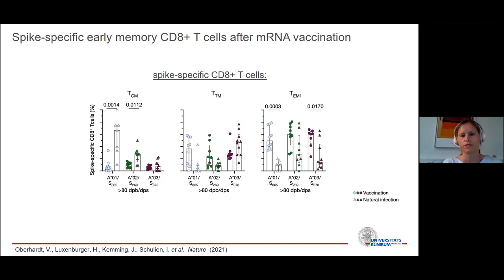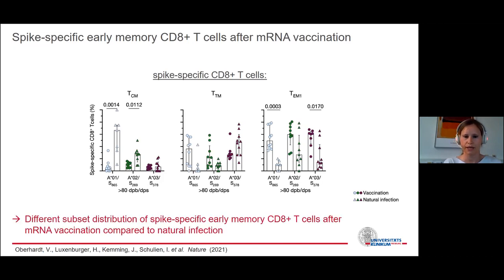And we have the transitional memory cells and the effector memory cells depicted on this slide. So in addition to the different frequencies, we also observed this different subset distribution of spike-specific early memory CD8 T cells after mRNA vaccination compared to natural infection.